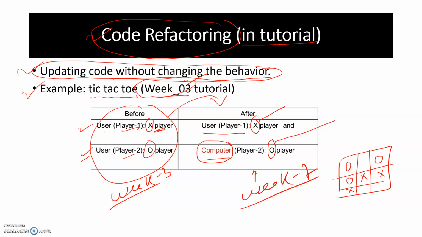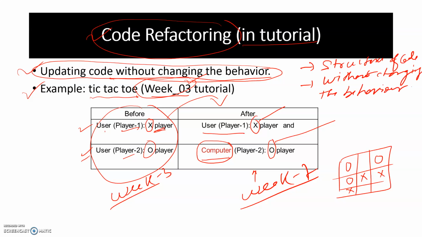By applying code refactoring, all in all, you have to keep two things in mind. Number one, you are changing the structure of your code without changing the behavior of the code, or you can say without changing the functionality.